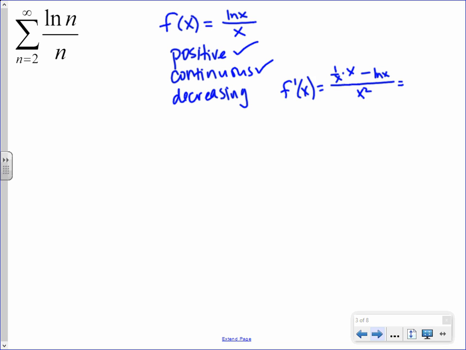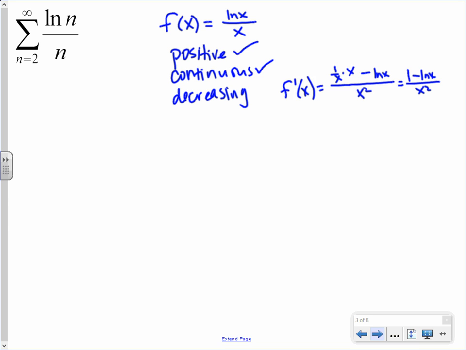The derivative has 1 minus natural log of x in the numerator. Is that going to be negative? Yep, from after 2.